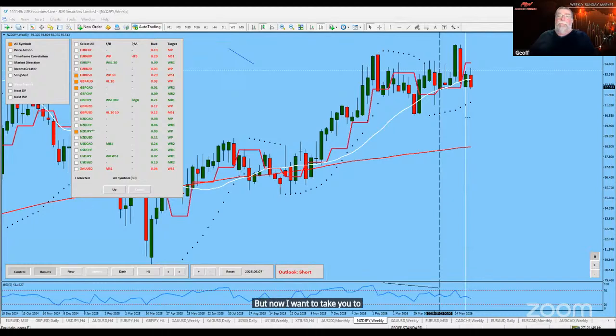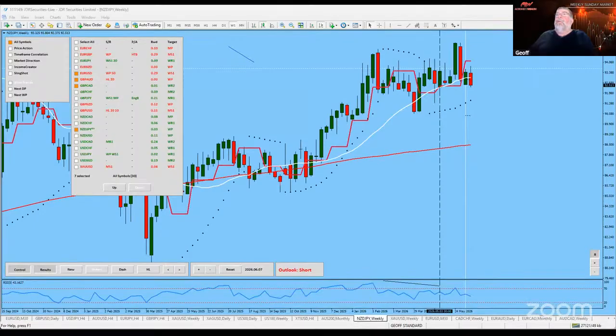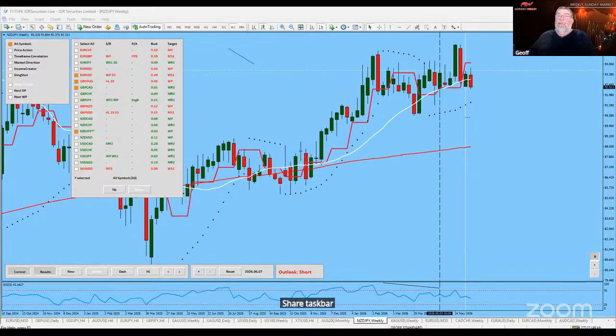An area. Hopefully I can get the right screen up here. So bear with me for 2 seconds. Control panel, come back, please. That would be good. Show taskbar. There. Share.